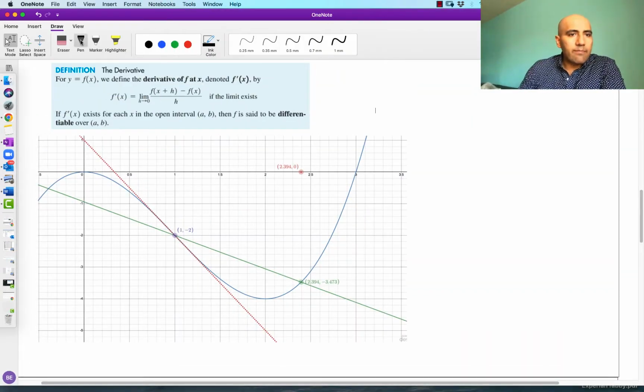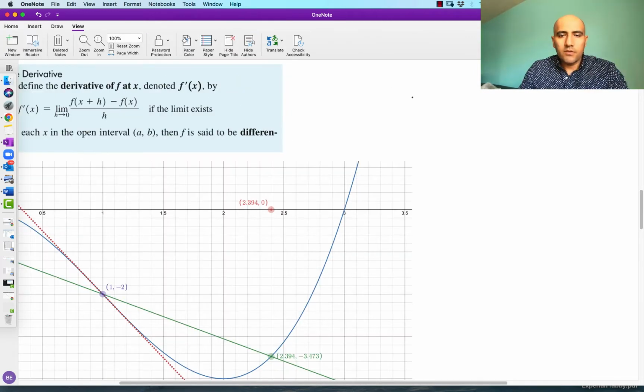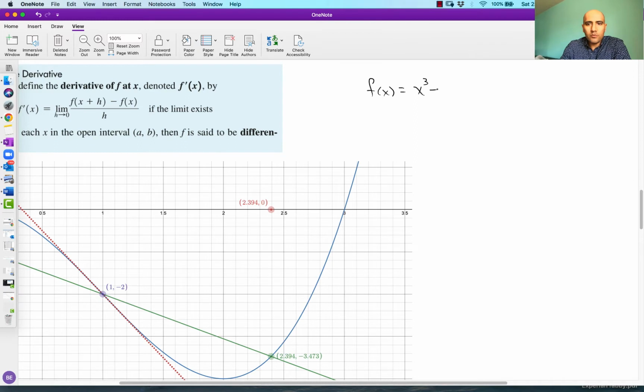All right, so let's bring it back to our definition of a derivative. Remember that I had defined this function f of x equals x cubed minus 3x squared. That's just a random function I chose.